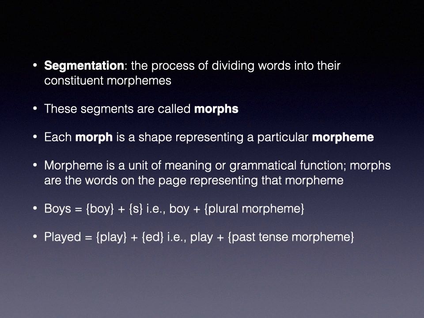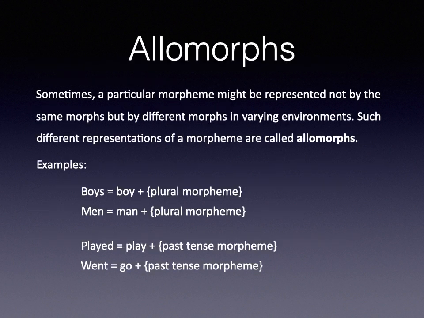Now, we already mentioned these two, plural morpheme and past tense morpheme. That brings us to another concept which is very relevant while studying morphemes, and that is the concept of allomorphs. You are familiar with allophones in phonetics. Similarly, in morphology, we have something called allomorphs.